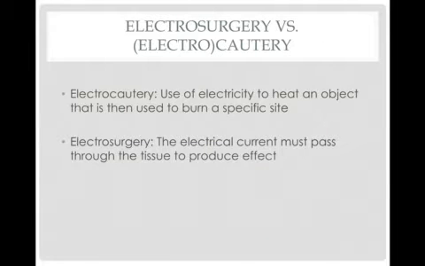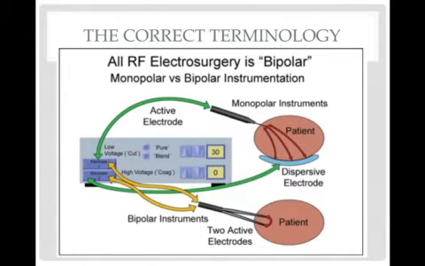So as we said before, we need a current, we need movement of the thermal energy in order to be able to talk about electrosurgery or diathermy. And the two most common circuits that we know are the monopolar and the bipolar.